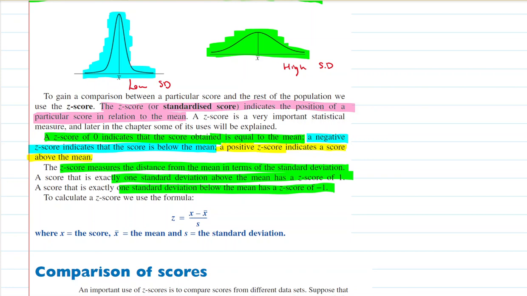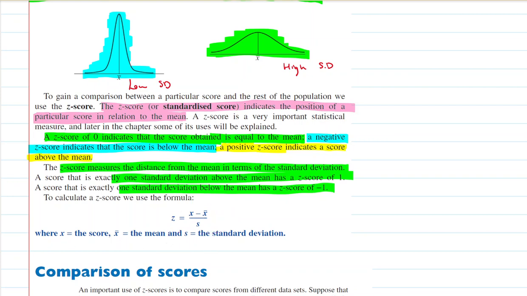Now to calculate the z-score, that's the formula you use, where x is the score that you're trying to find the z-score for. Then you've got the mean of all of that data and the standard deviation.